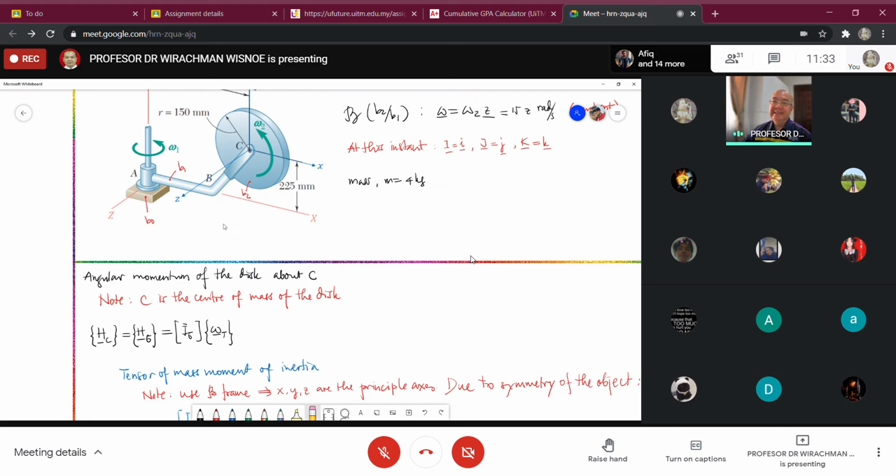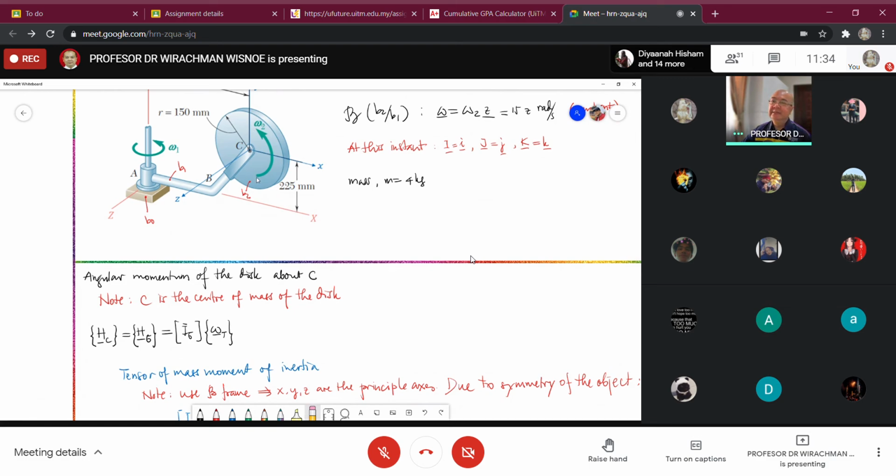So since the question is angular momentum of the disk about C, this is point C. We know C is the center of mass of the disk. Why C is the center of mass? Because C is located in the center of this disk, right? So that is the center of the mass, of course, by assuming the disk is uniform.